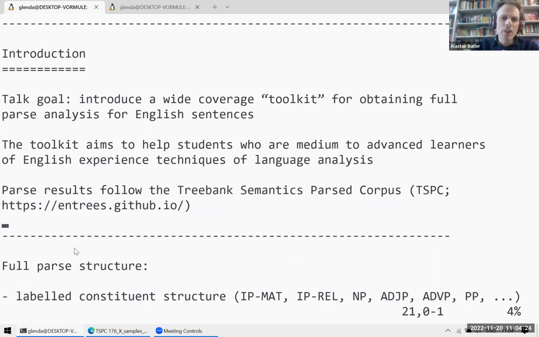So the talk is going to introduce a wide coverage toolkit for obtaining full parse analysis for English sentences. When I say toolkit, the reason why I'm using toolkit is because there's a series of components which contribute different parts towards reaching analysis.